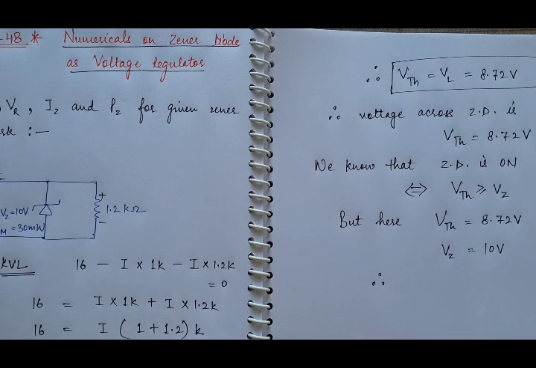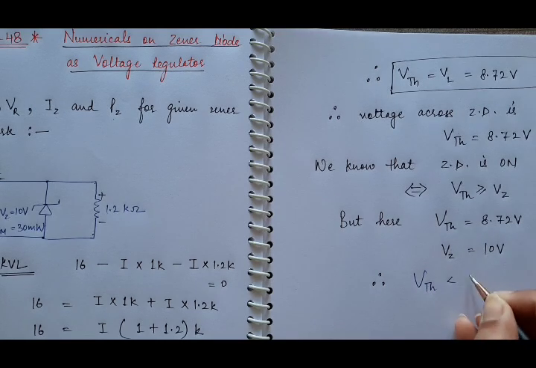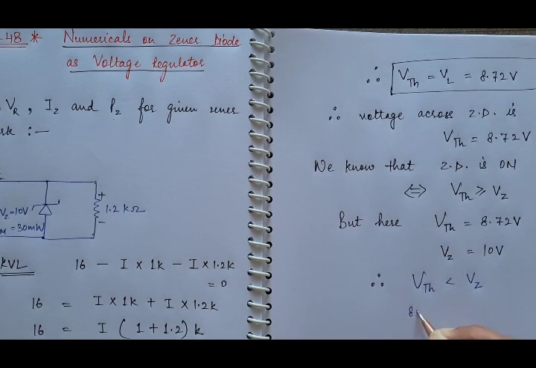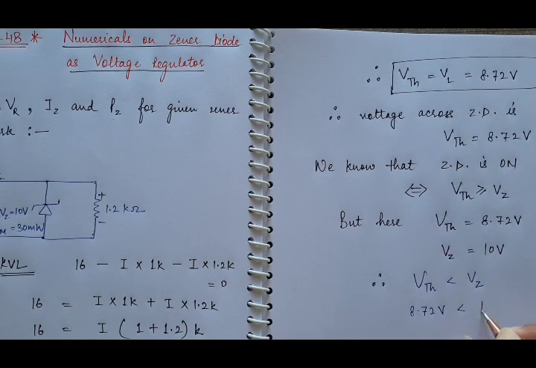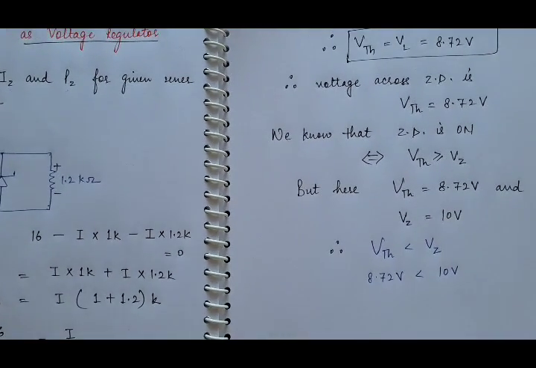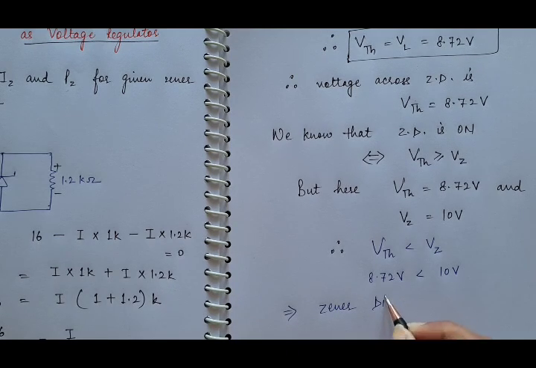Therefore, in this case, VTH is less than VZ because 8.72 volts is less than 10 volts. Therefore, Zener diode will remain off.